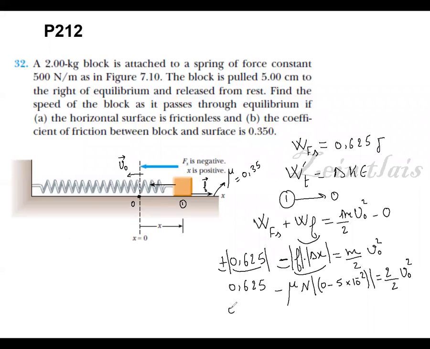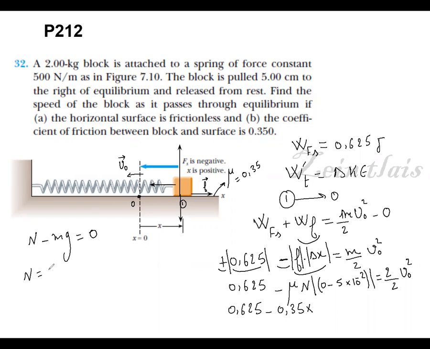Here we have 0.625 minus mu, which equals 0.35, times N. To calculate N, you have to apply Newton's law along y. N is up, mg is down, and we don't have motion, so the sum equals 0.